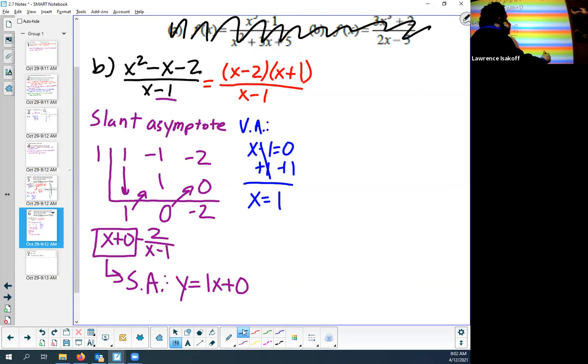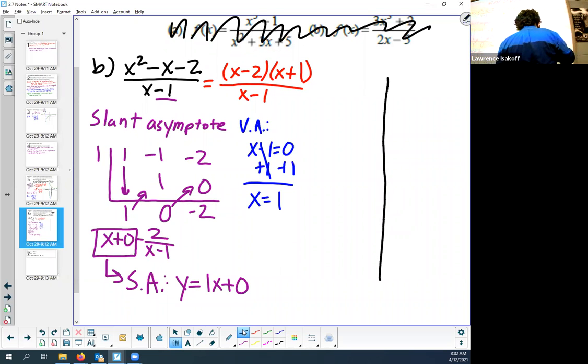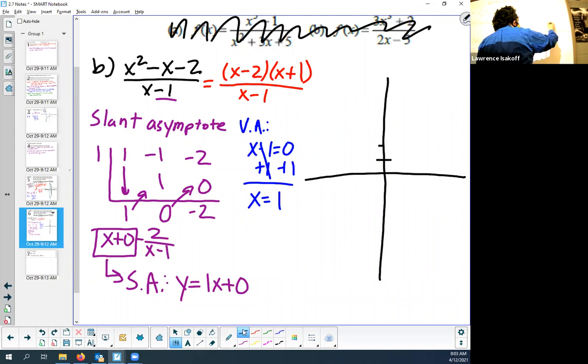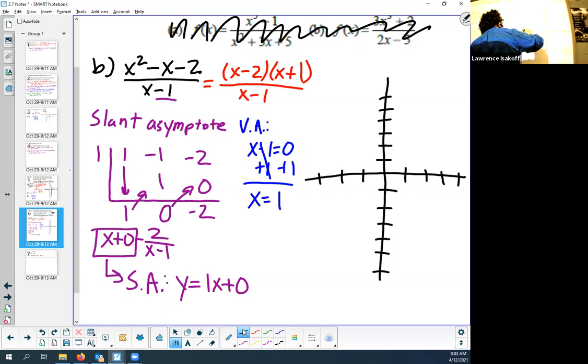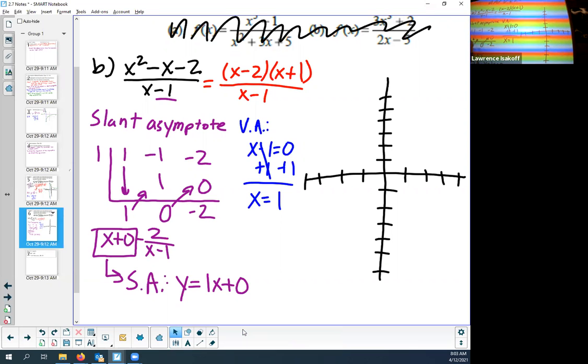Okay, let's go with sketching this now. What I'm going to do is start with my slant asymptote.